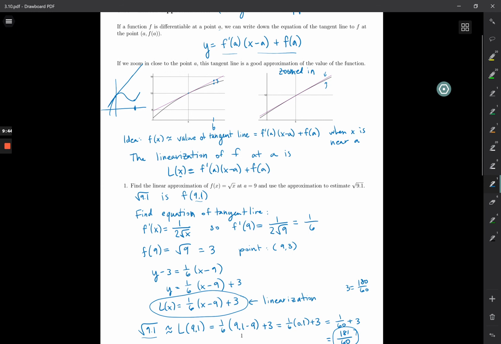And so in some situations, using a linear function can be so much easier than using the equation of your actual function. And if all you need is an approximation, and that's good enough, then it's a good idea to use a linear function. It can really drastically improve your computing time if you are computing something.